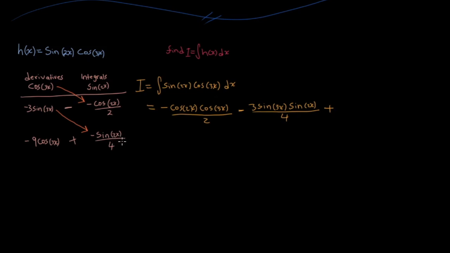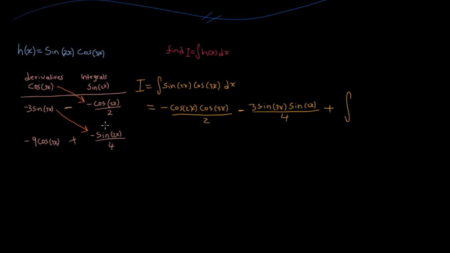Then plus the integral, because we've gone to the end here, so plus the integral of sine 2x over 4 times 9 cos 3x.